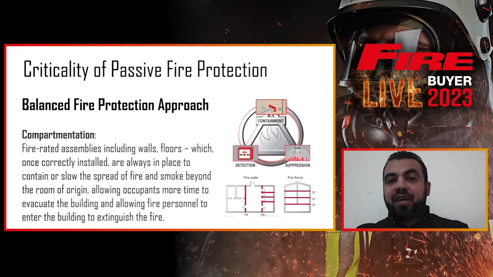The balanced fire protection approach. Prescriptive codes like NFPA, IFC, and IPC use multiple layers of safeguards for fire protection, so they do not depend on a single fire protection measure.